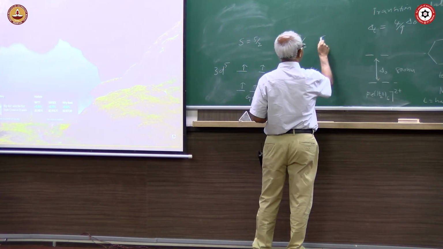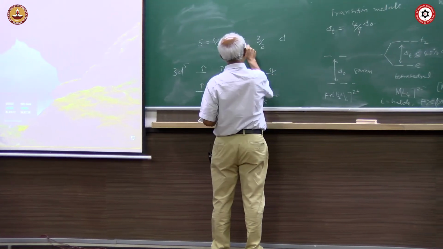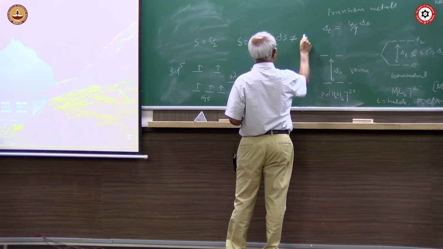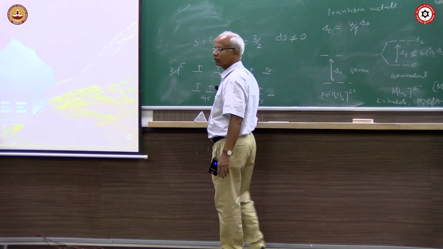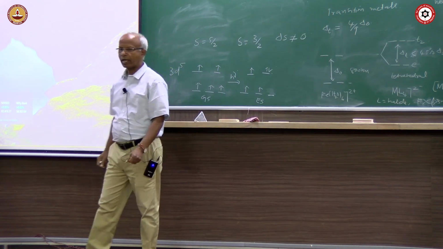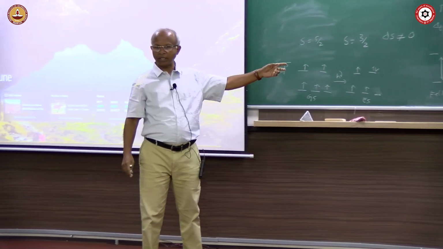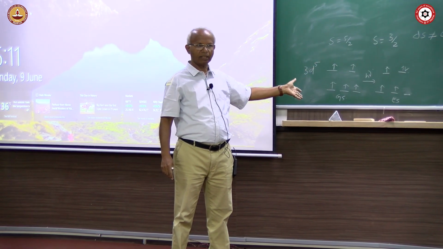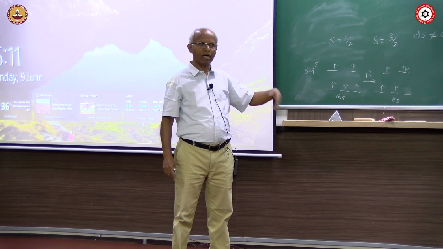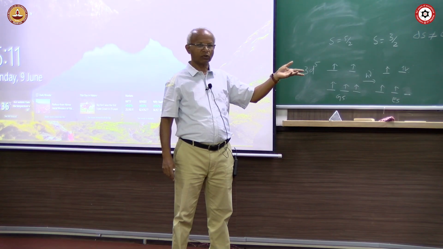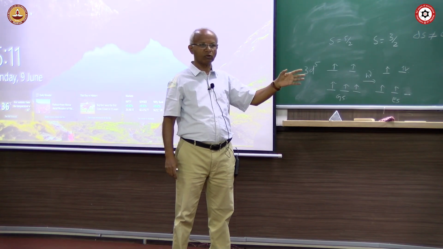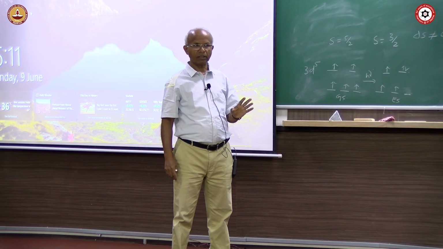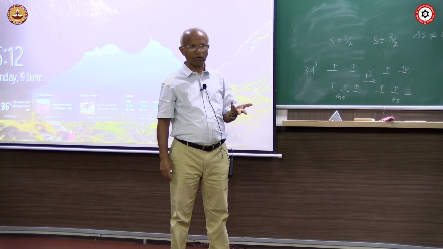So this is also S. So delta S will not be 0. In the case of copper, because the number of spins in the beginning is 1, and the number of spins after exciting is also 1, S is equal to half, S is equal to half. So delta S will be 0, right?